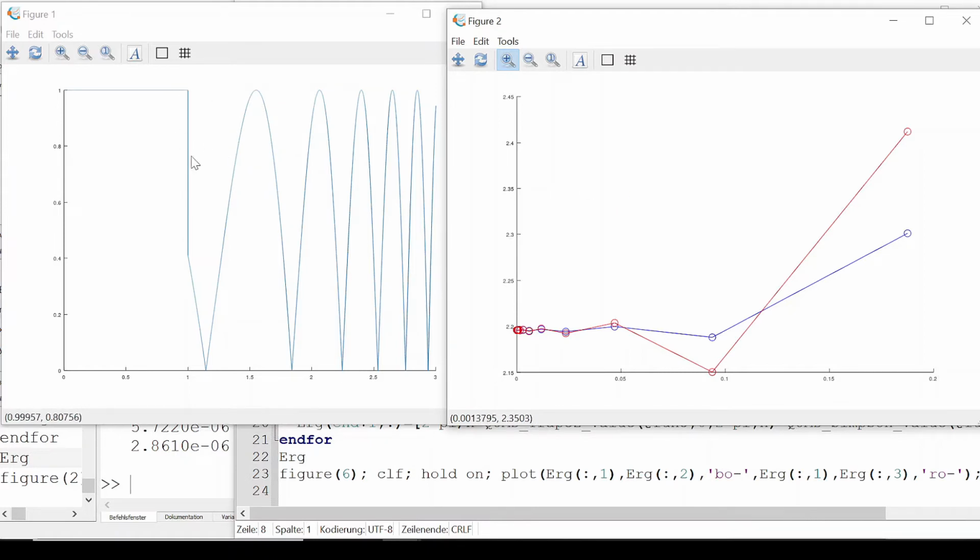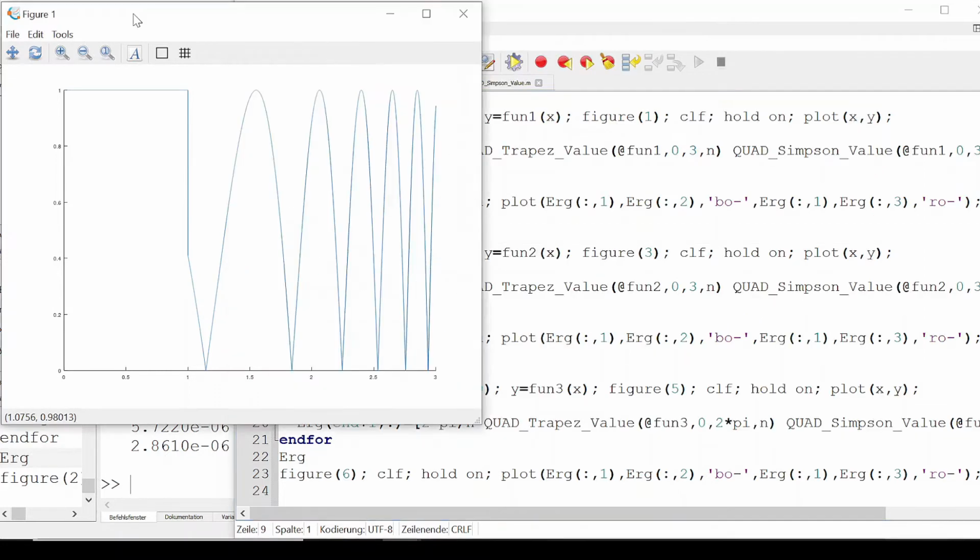Okay, if there are jumps and if there are kinks. What if we have functions which don't come into life by a mathematical term, but which come into life by measurements, by a series of measurements? I think maybe you will not have jumps, but often you will have kinks.